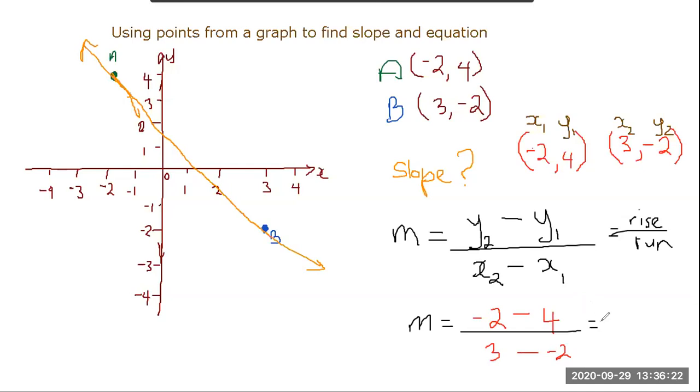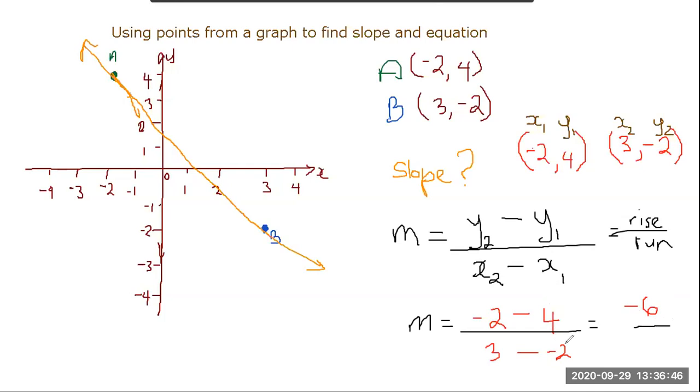Equal. So now I have to solve this. -2 minus 4 is -6. Okay? -6. That's it. Now I have to follow the bottom part. This right here, we know a negative times a negative is positive.